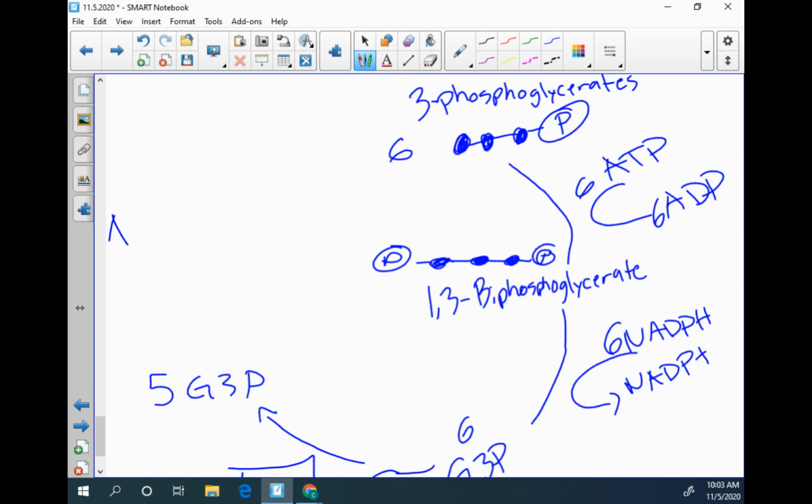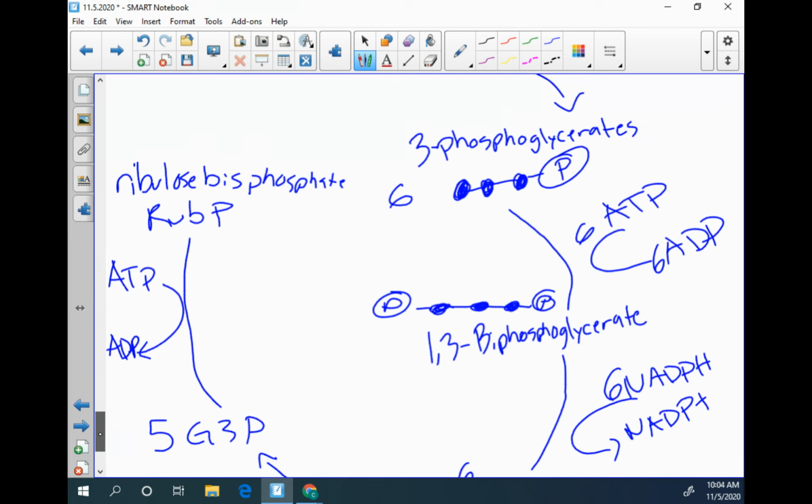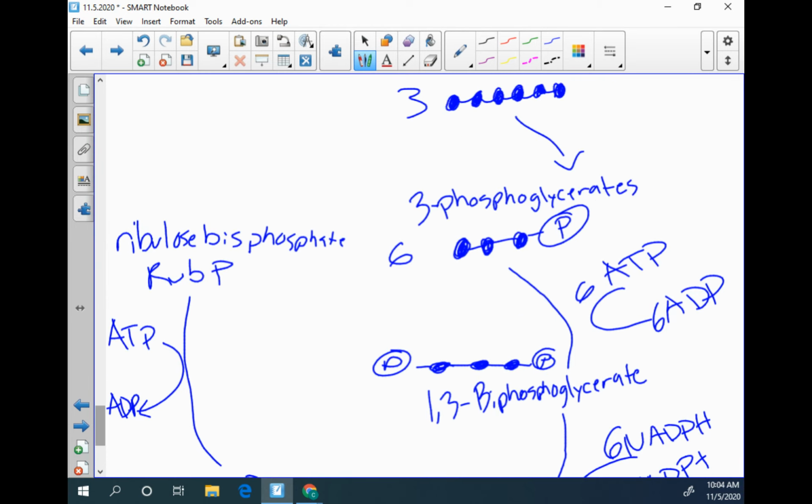We are then going to use more ATP. And we are going to get our ribulose bisphosphate, or our RuBP, which is a five-carbon sugar.